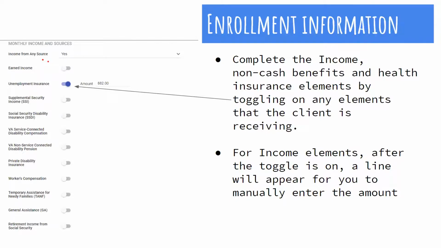But they would still wind up with two enrollments in that case. But it depends on whether or not your program is actually terminating the client. Okay. They wouldn't have to be put back in the queue and re-referred to us from coordinated entry, right? No. Okay. All right. Thank you so much.